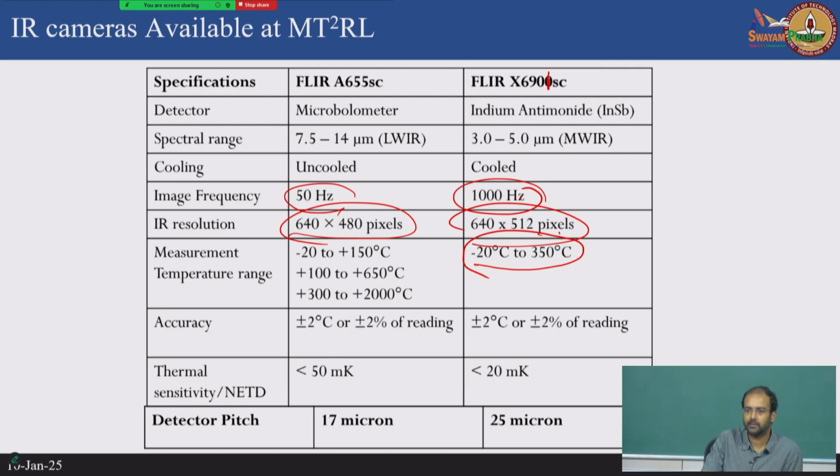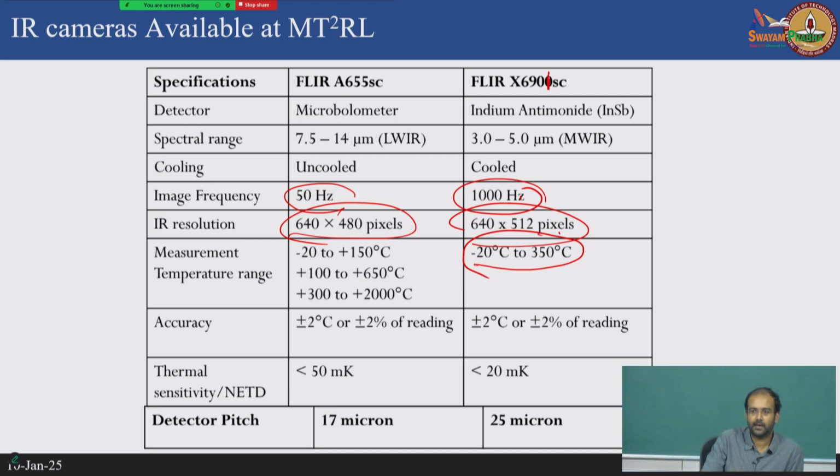Because the intensity of the photons falling is directly related to the temperature of the body. The minimum temperature range that they come out with is minus 20 or minus 30, you do not see minus 100, minus 200 degrees, but there could be some cameras, but we are not using that.